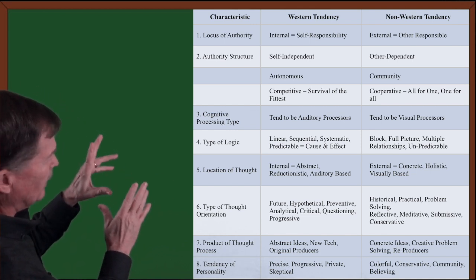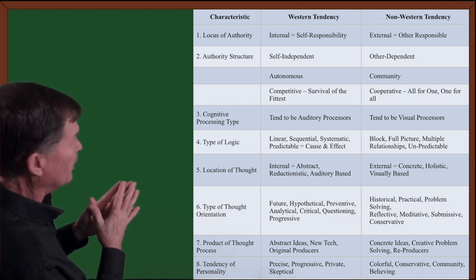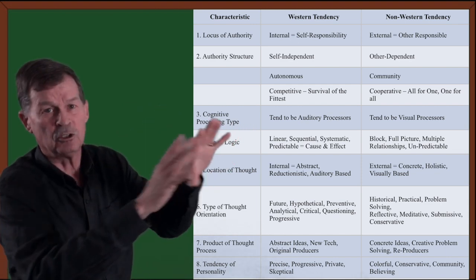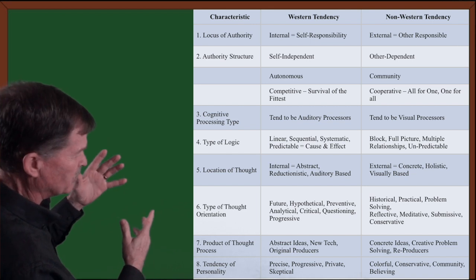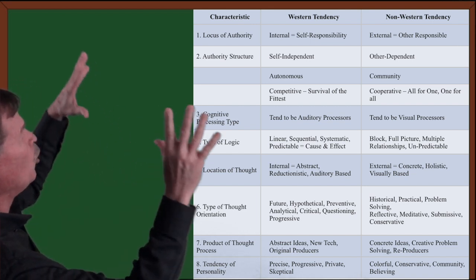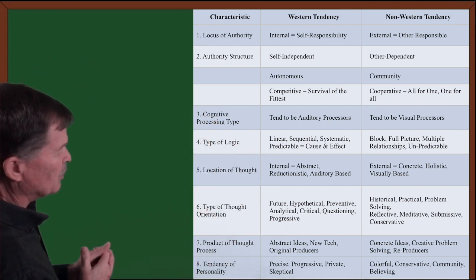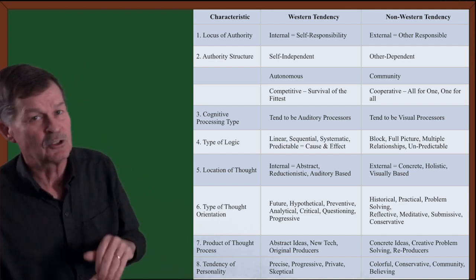Whereas in a non-Western, the location of thought is based on external experience. It's very concrete. It is not abstract. It is holistic, and it is visually based. So these are different things.